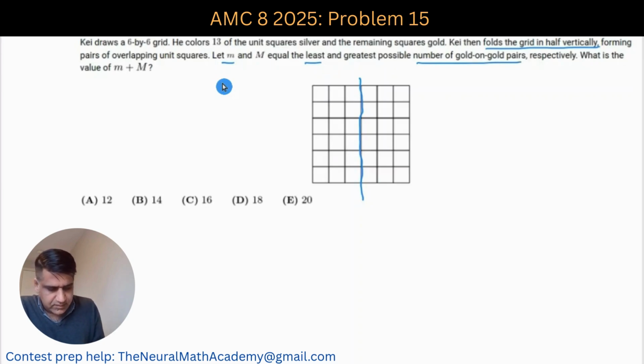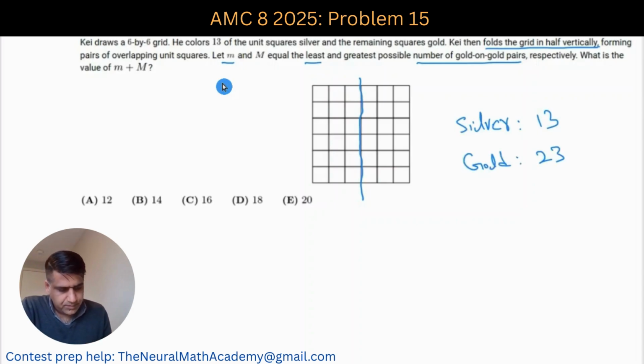There are 13 silver squares, so the gold squares total 23. The maximum number of gold squares we can have on one side is 18, and similarly 18 on the other side. For m to have the least number of gold on gold pairs, we should have the maximum gold on one side, and that will be 18.